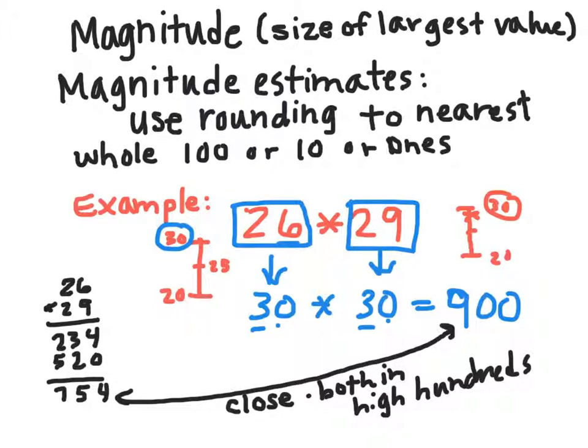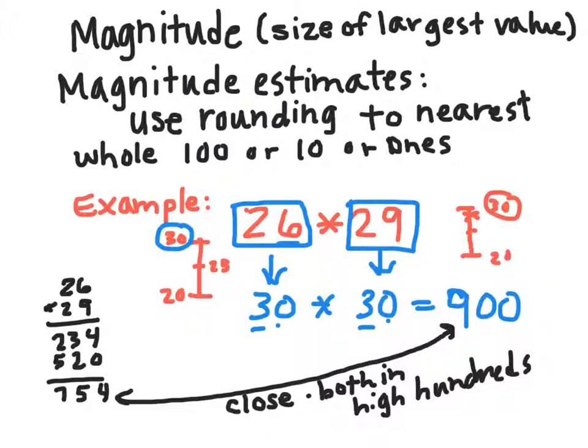So if you take a look at the 26, off to the left of the 26, I drew a little range bar, and 26 falls in between the magnitude of tens, between 30 and 20. And 26 falls just above the halfway mark, and that makes it bump up.